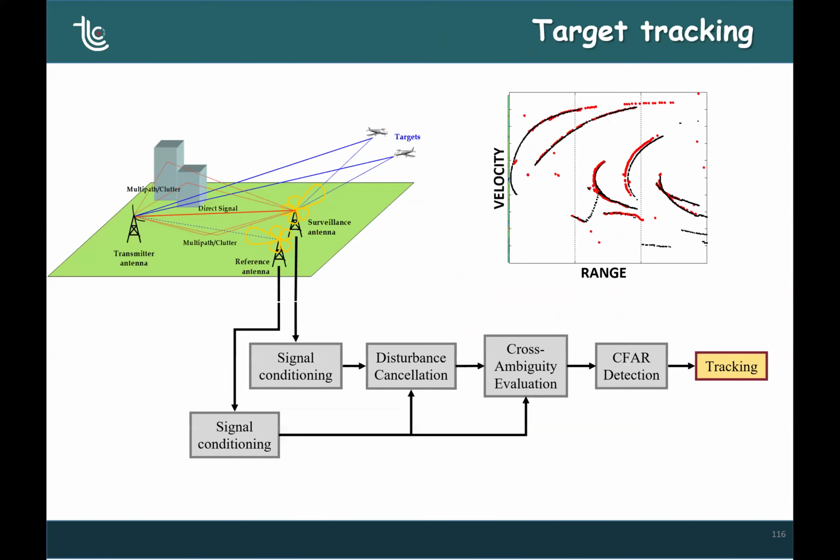Then, of course, after detection, we have the tracking. And the tracking is normally performed using either the Kalman filter or the extended Kalman filter. Okay.